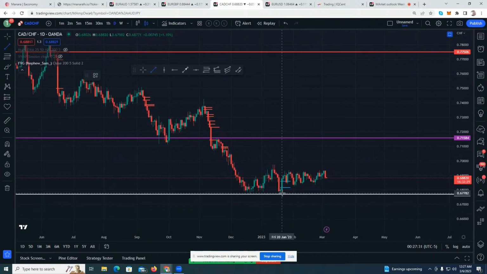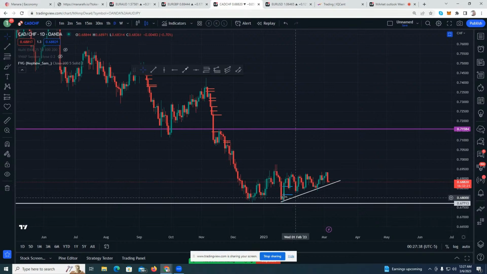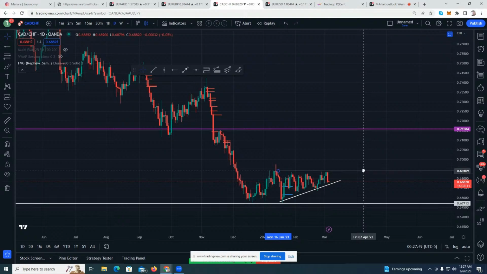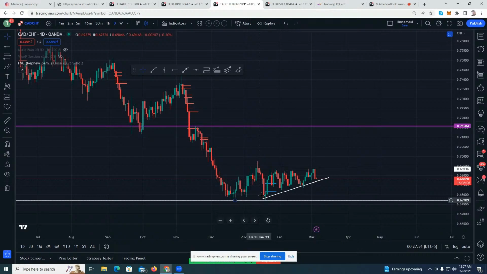interesting formation that us traders potentially look for at times. What we have here is price action on the daily time frame creating higher lows and equal highs.